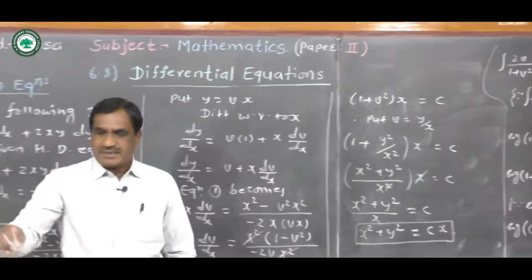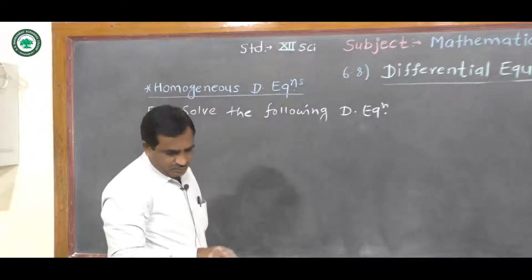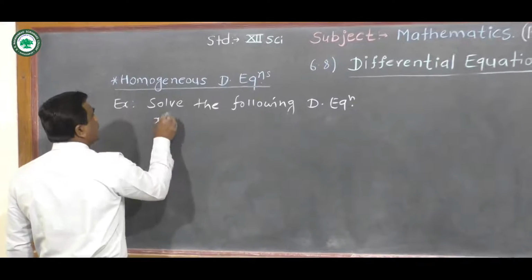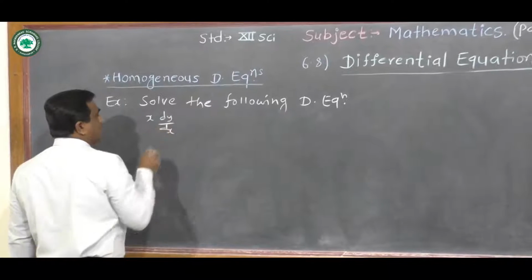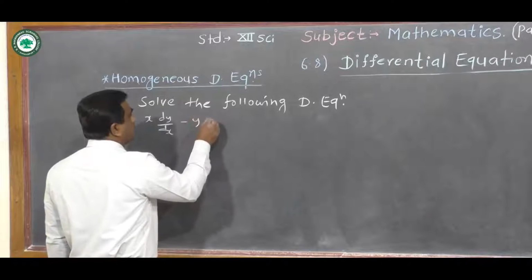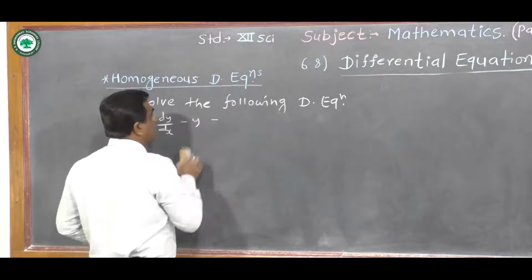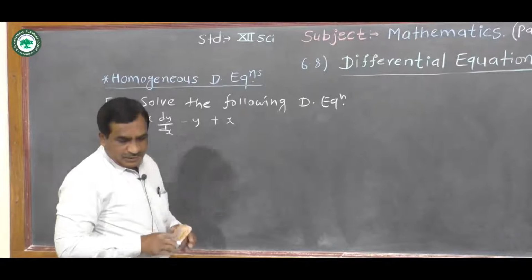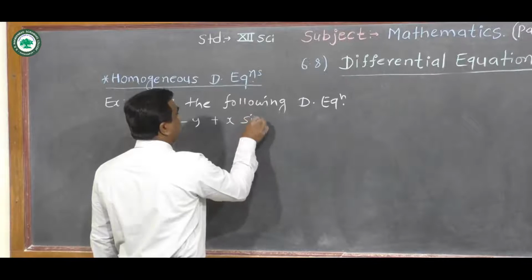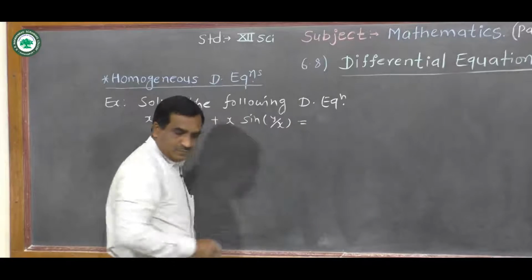Okay, now we see the next example here. The next example is: solve the following differential equation, x into dy by dx minus y plus x into sine of y by x is equal to 0.